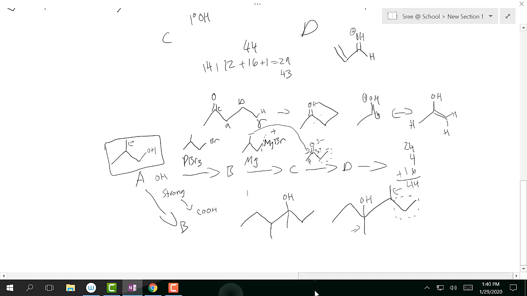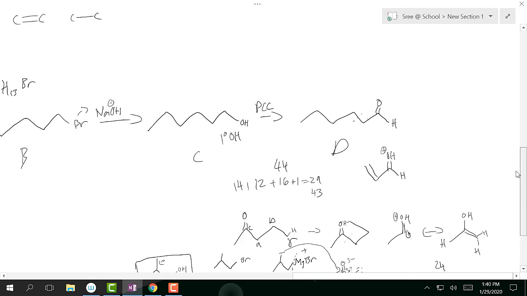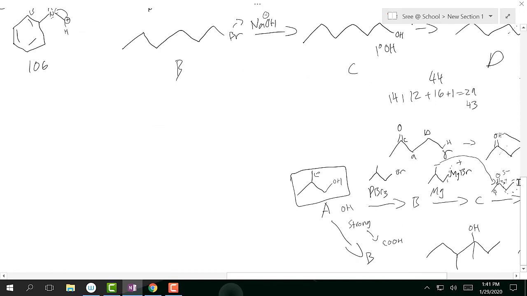Okay, let's move up here. So okay, so maybe it's like that. Yeah. So this will eventually turn into a bromine. And MgBr will attack that, and then this will attack.